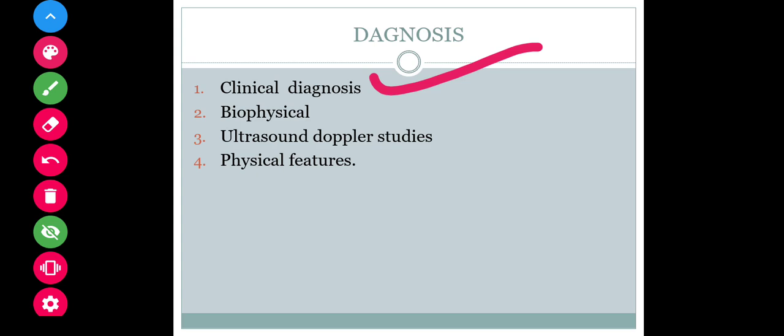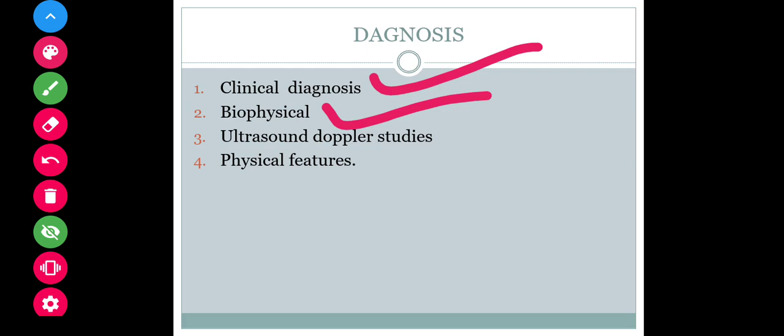And measurement of abdominal girth will also reveal whether the baby is IUGR or not. Next, biophysical. In this biophysical, the fetal head circumference, femur length and amniotic fluid volume all come into play, and with that we can diagnose this IUGR at an early stage.